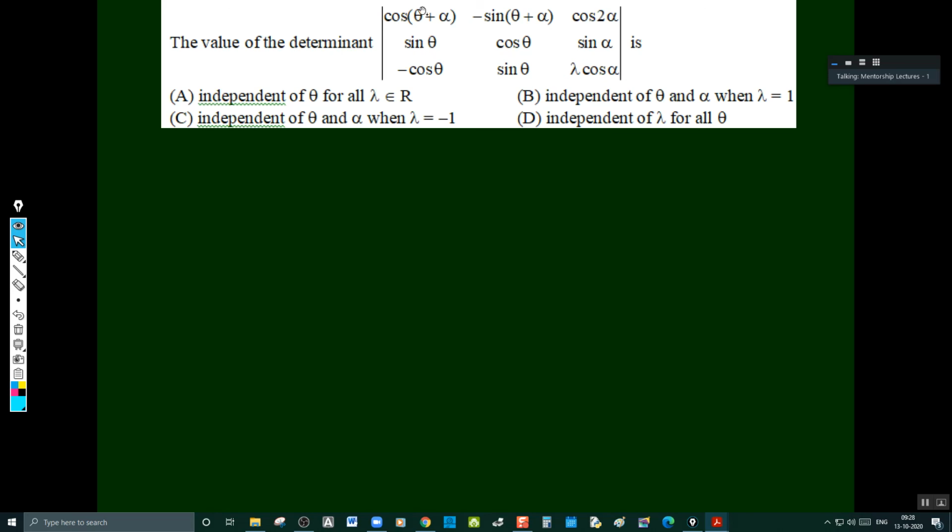So see what happens. We are changing R1, let me write like this, R1 changes to R1 plus R2 multiplied with sin alpha and R3 with cos alpha.